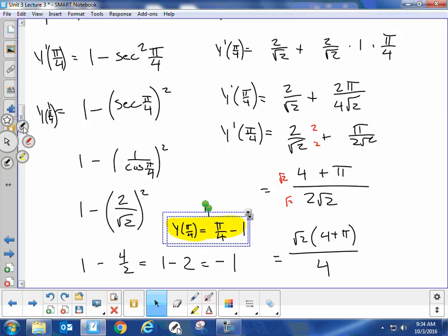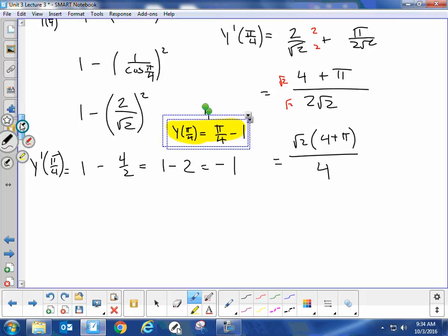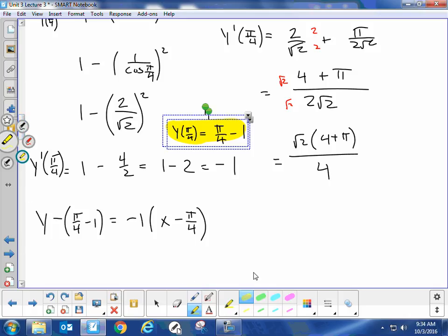We'd use that and our tangent slope, which was y prime at pi over 4, to write our equation. y minus (pi over 4 minus 1) is equal to my tangent slope, which was simply negative 1, times (x minus pi over 4). Okay, and here we have an equation of a tangent line to x minus tangent of x.